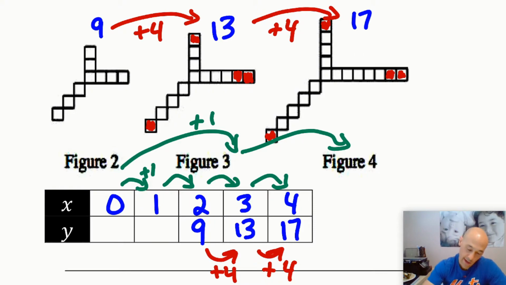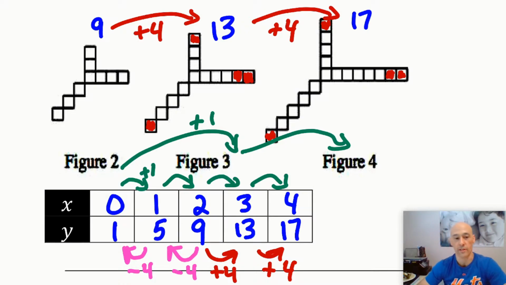Now, if we're going to move this direction, then we have to subtract 4. We're going to subtract 4 because we're moving in the opposite direction. And so that's going to mean that here we have 5 and here we have 1. So if we were to draw a figure 0, it would have to have 1 tile in it.